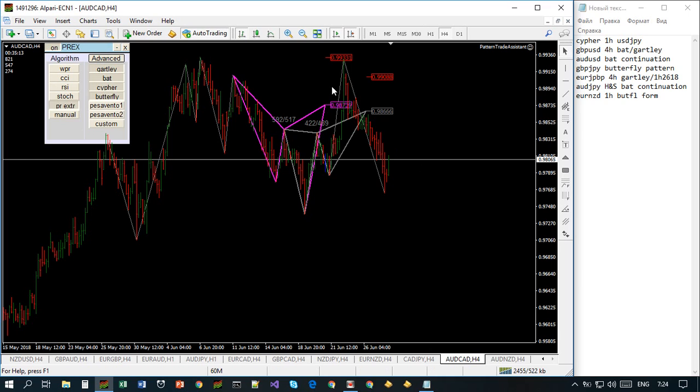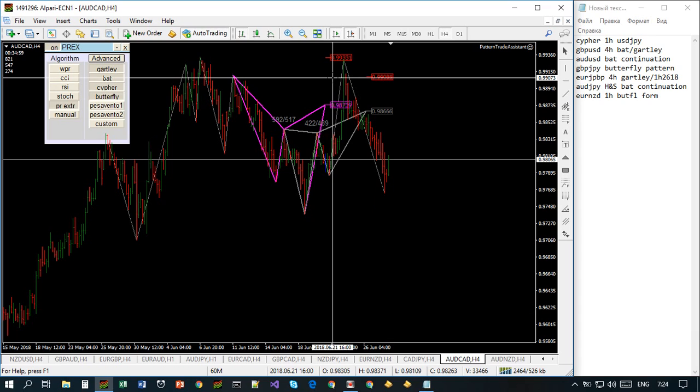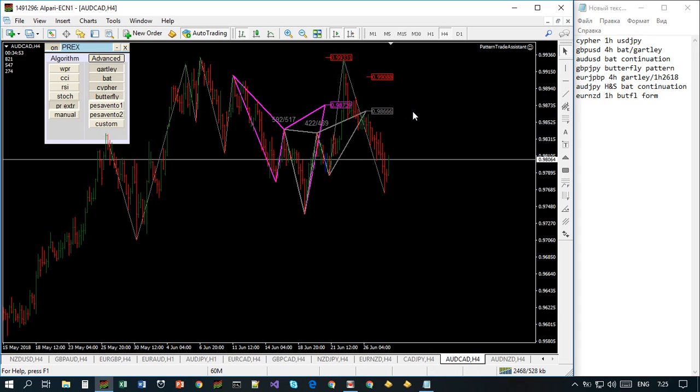And here, okay, we had a cipher winner, but I would stay away from this. I never entered because of this choppy movement within the cipher CD leg. And we also had a butterfly pattern, and it was a break into the upside pattern, but with no follow through, so we never had a continuation.